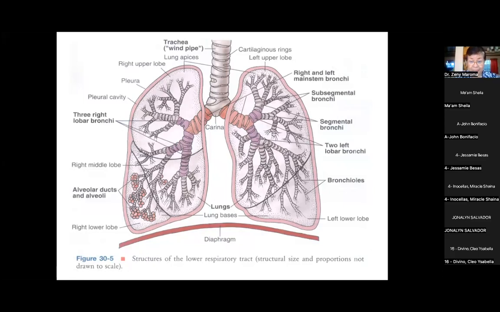Because the diaphragm goes down, the thorax will increase in size. So the intrapleural pressure will decrease, and the lung will increase in size, and intrapulmonic pressure also decreases. So what is the pressure in the pleural cavity? That is negative, meaning below 760.